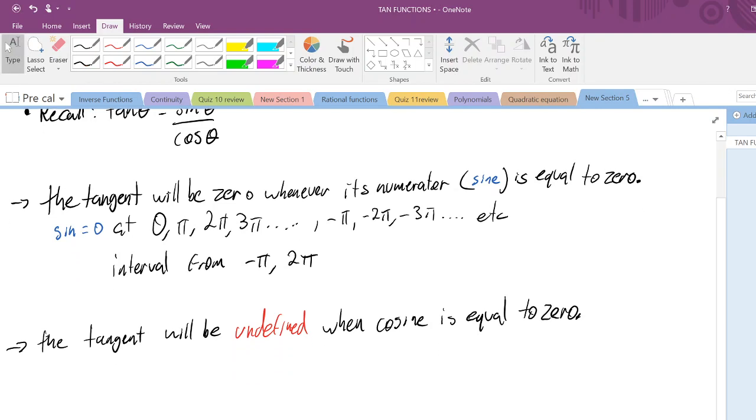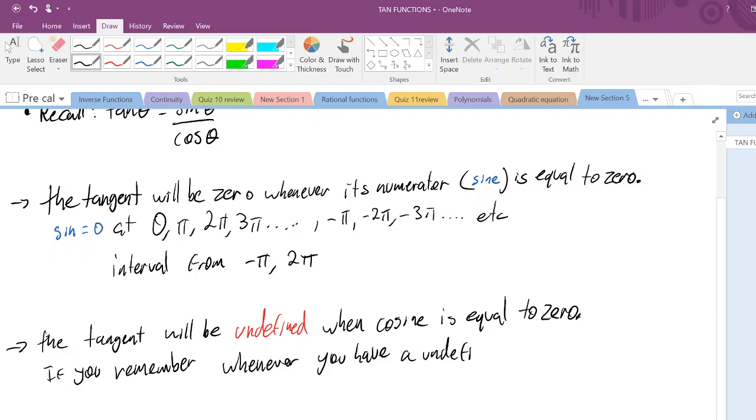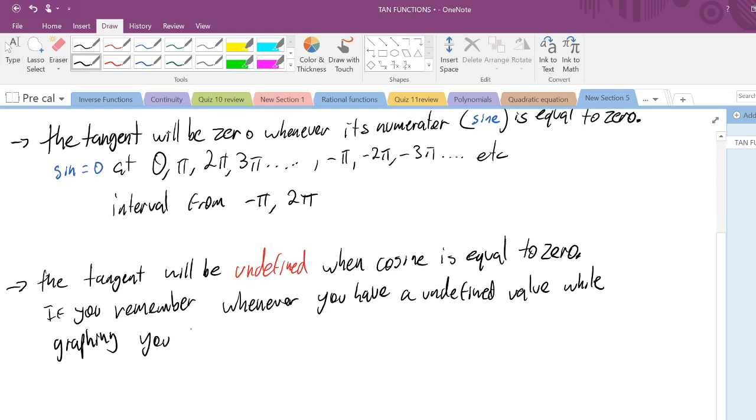So also with that being said, if you remember, whenever you have an undefined value while graphing, you have asymptotes.